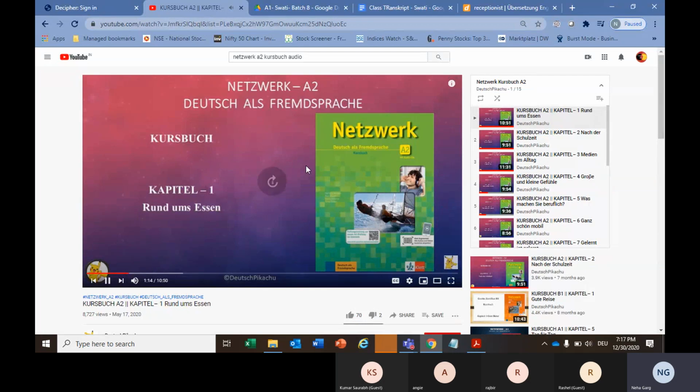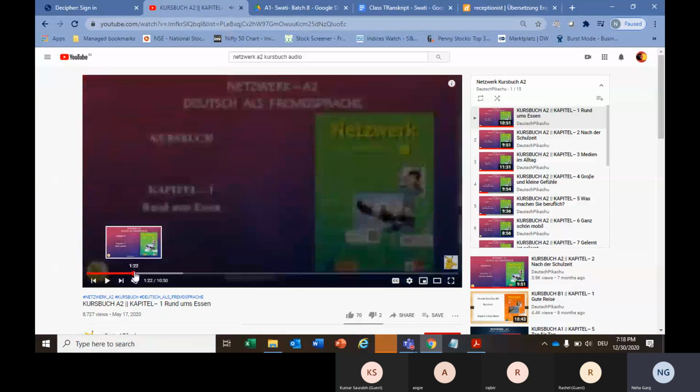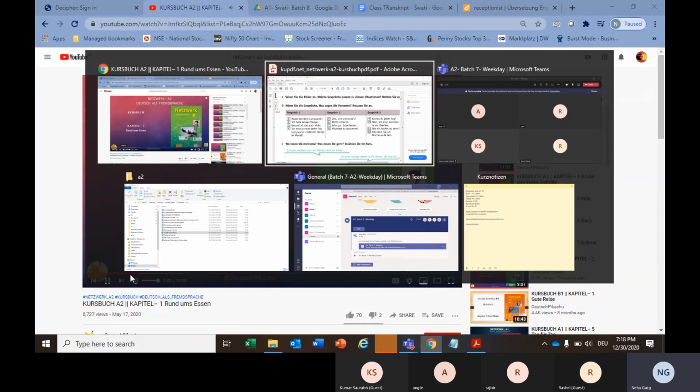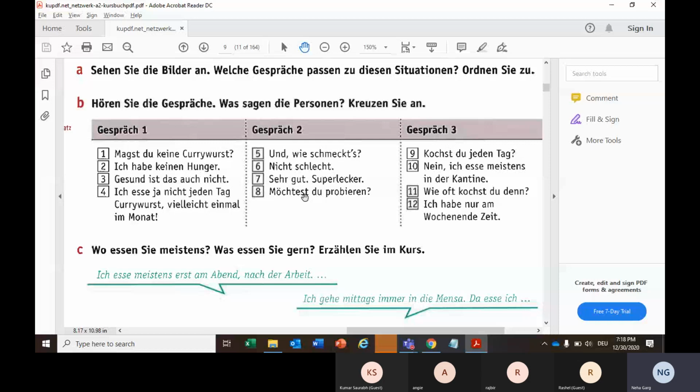Wasser für Sie. Danke. Aber sicher. Probier doch auch mal. Nee, danke. Gespräch 2. Also dann zum Wohl. Zum Wohl.